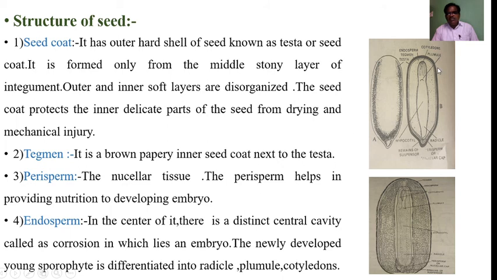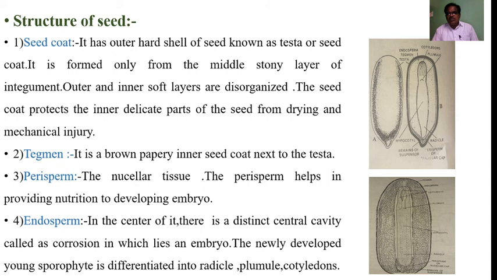This is the central portion, which comparatively occupies more area, and this perisperm is the nucellar tissue, which performs the function of providing food material to the developing embryo, like the endosperm which is present in angiosperms. So like in angiosperms, the perisperm provides the food material for the developing embryo at a further stage.